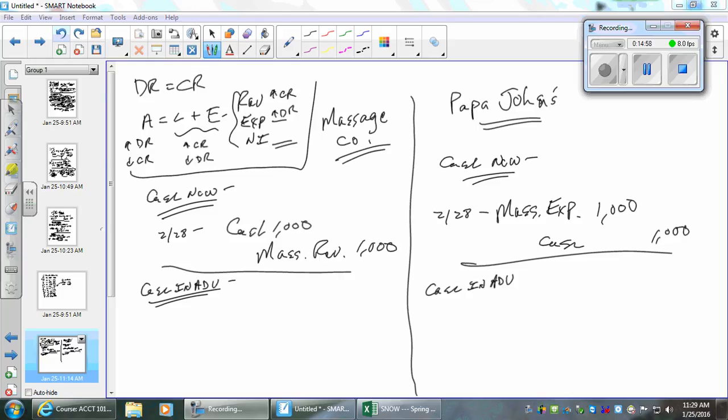By the way, if you can do these 6 things we're going to do, cash now for revenues and expenses, cash in advance for revenues and expenses, and cash later for revenues and expenses, you know how to do everything. There's no other possibilities. That's it. That's all that happens.